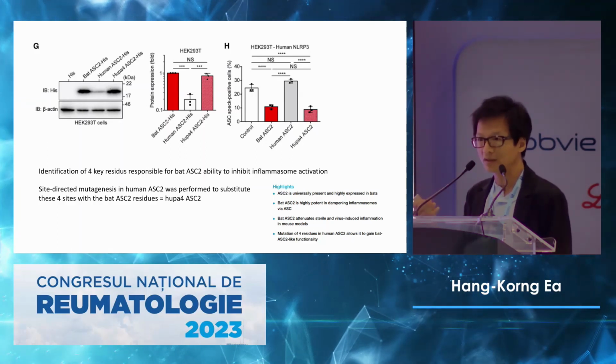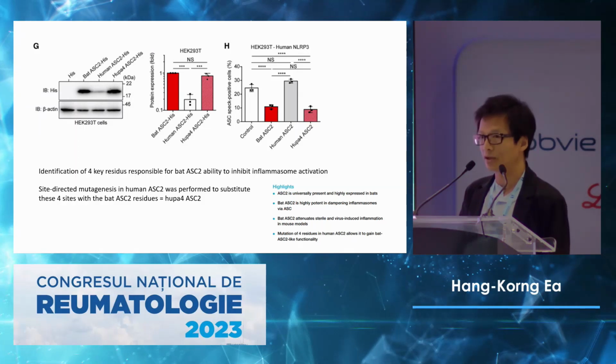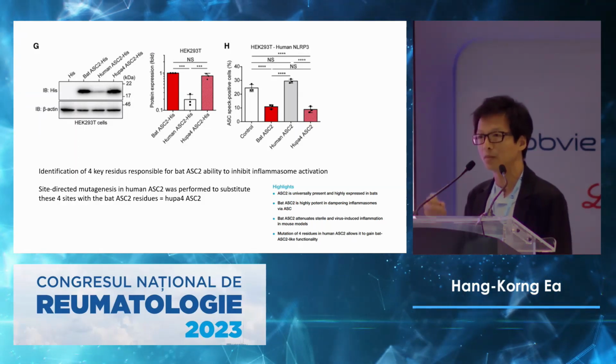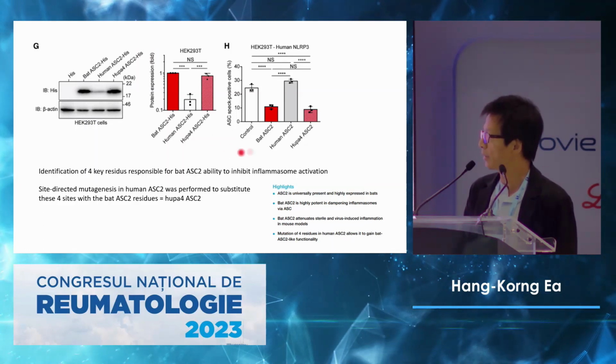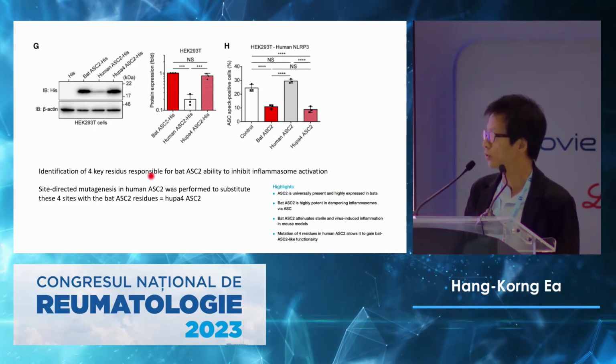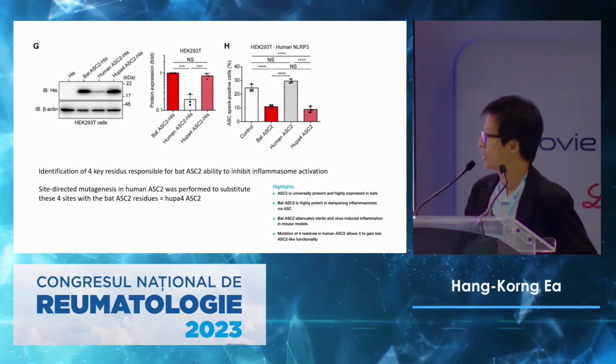And to summarize, this is a very amazing paper with in silico analysis and genetic analysis, where we are able to identify 4 specific residues in the bat ASK2 that were mutated in the human. And when we do direct mutagenesis in the human ASK2 with these 4 residues, we are able to induce the same effect.